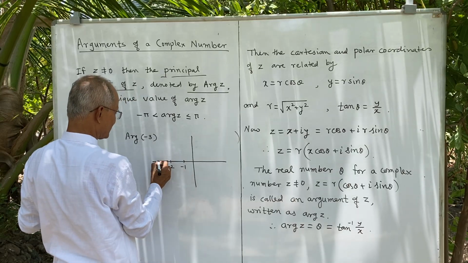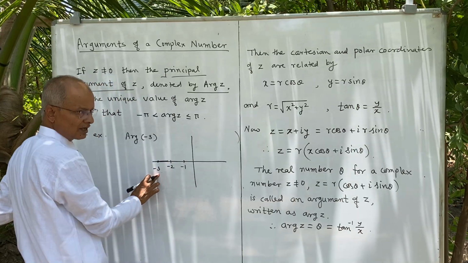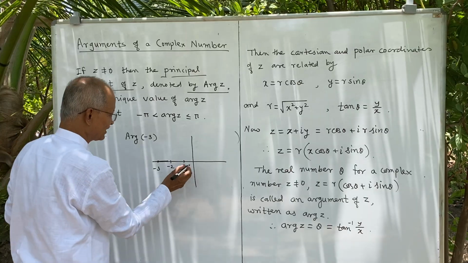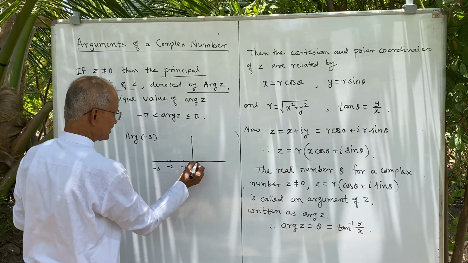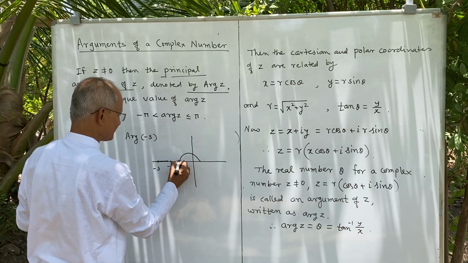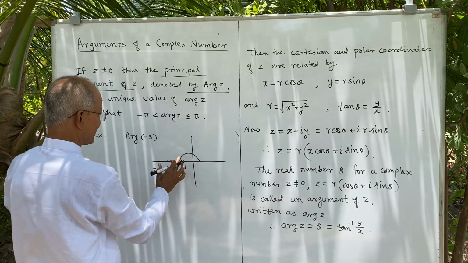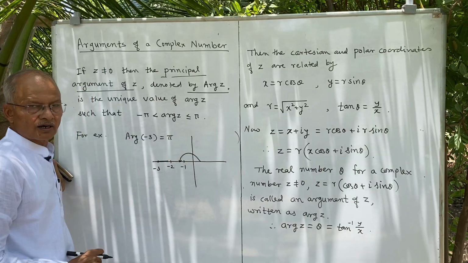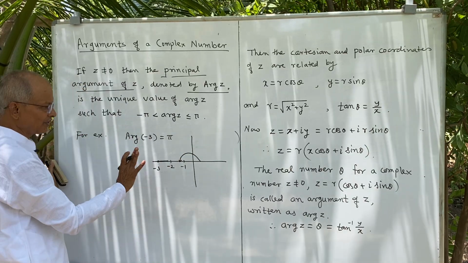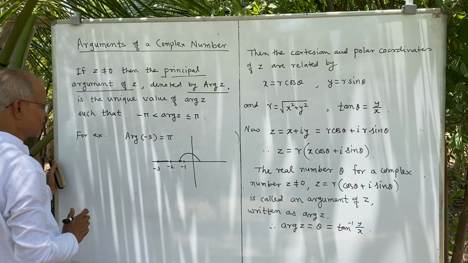The argument of minus 3 means minus 3 comma 0, and the angle made by this vector minus 3 plus 0i is pi. So the argument of any negative real number is to be considered as pi.